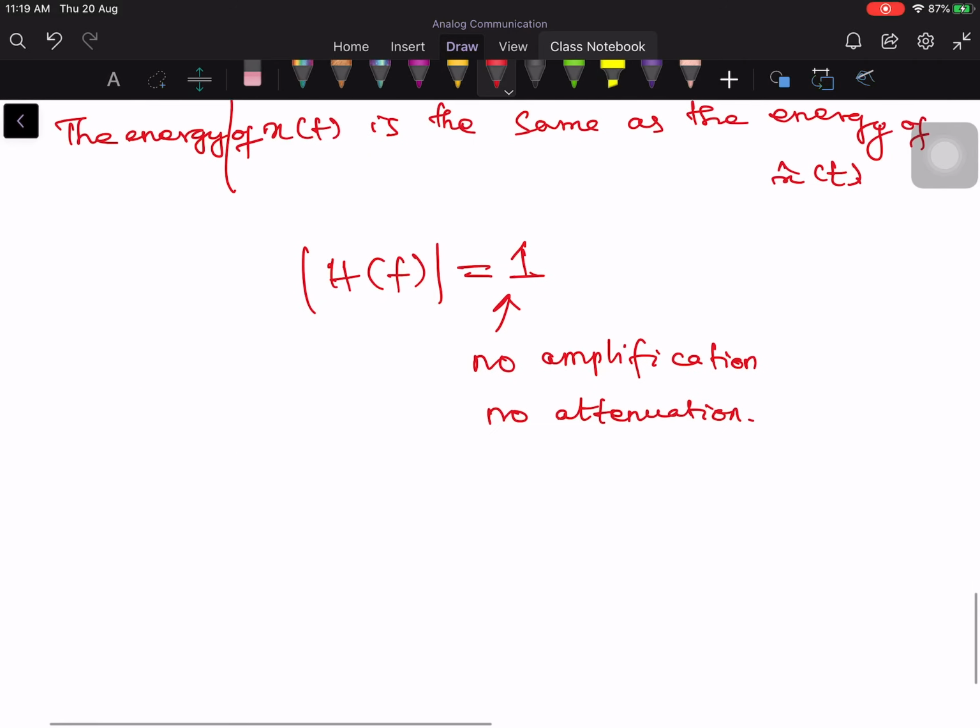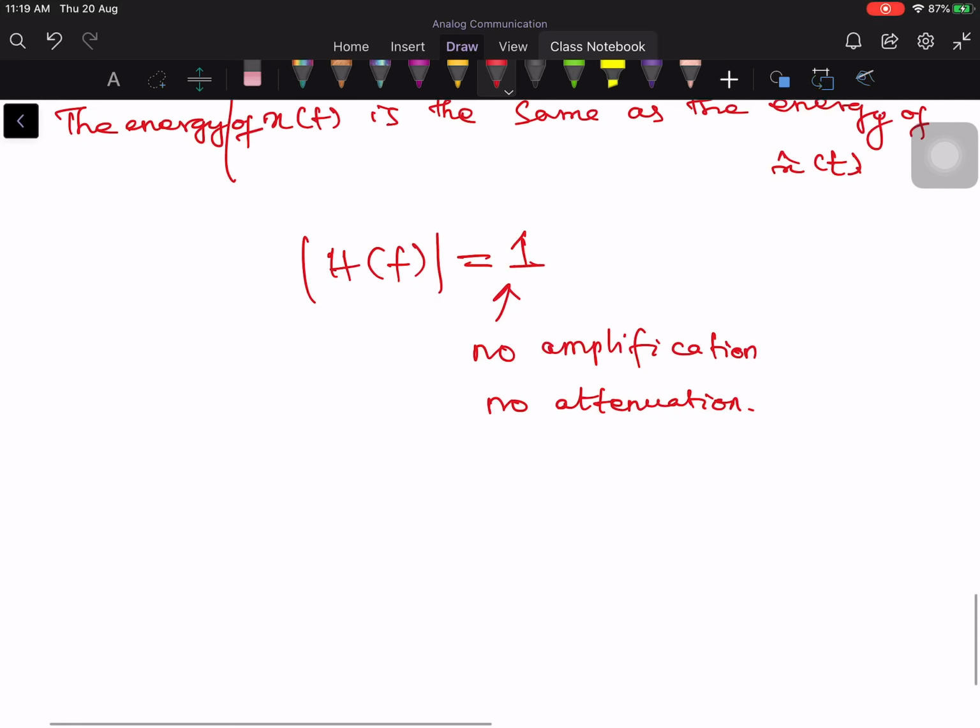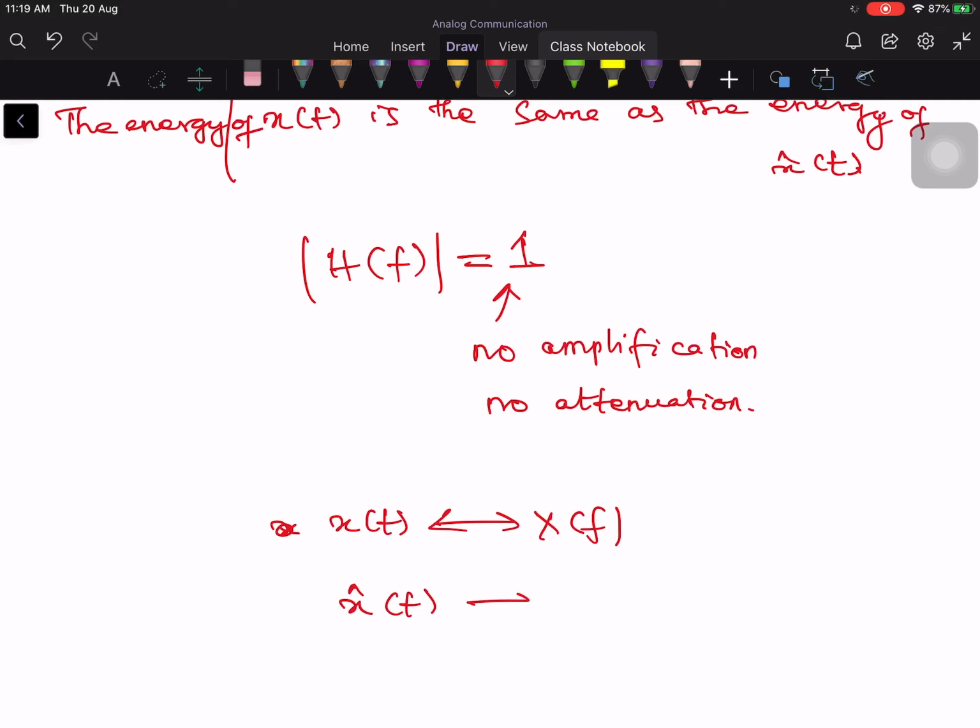Okay, if you look at it in the frequency domain, again x of t, if you take Fourier transform, you will get x of f, and x hat of t, you take Fourier transform, that is Hilbert transform of x of t, you take Fourier transform, then you will get it like this. Okay, so this indicates Fourier transform of x hat of t, Hilbert transform of x of t.